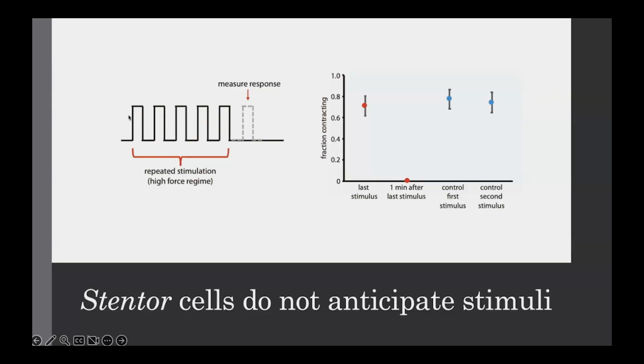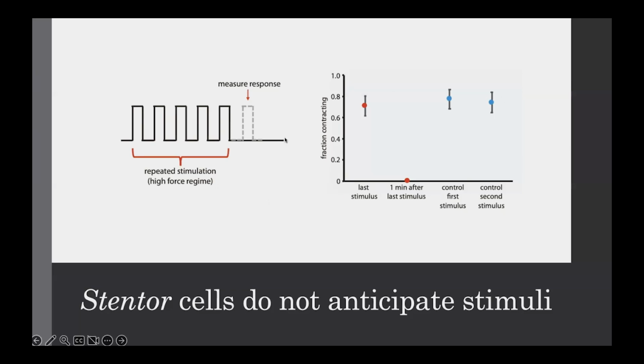And it turns out, no, they cannot. The way we arrived at this answer is we repeated the stimulation to Stentor cells at 1 minute increments, and then we paused it and measured how many of them still responded at the same 1 minute increment despite not getting an actual stimulation.